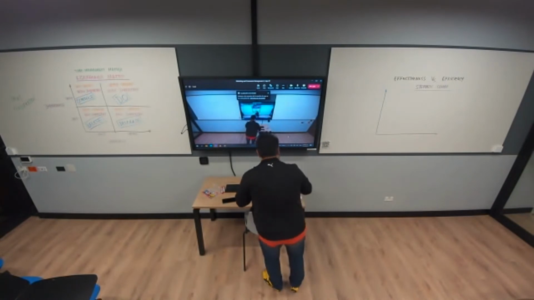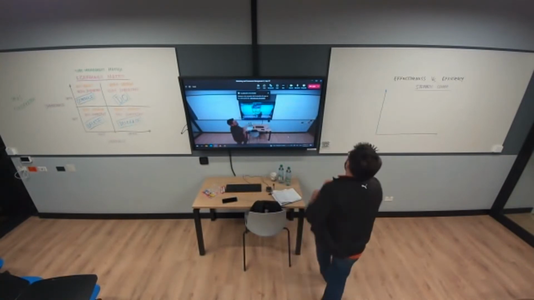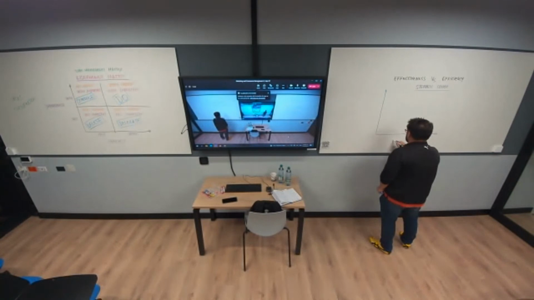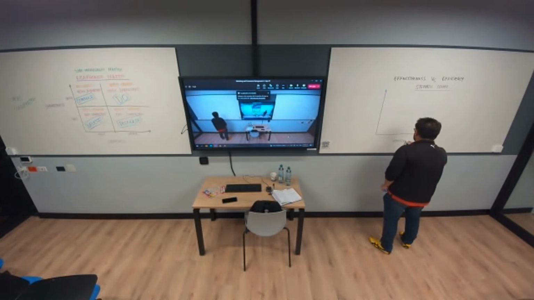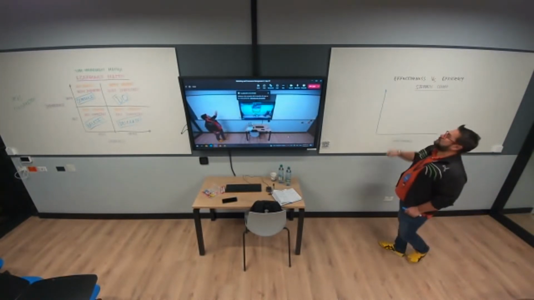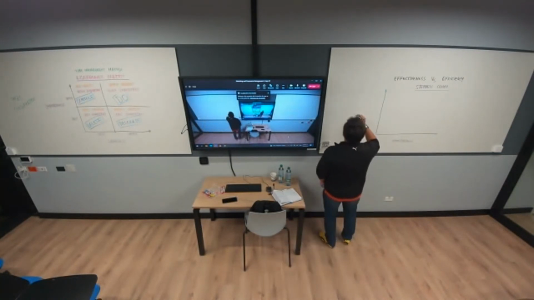All right, the horizontal axis measures the variable effectiveness. Okay, effectiveness. And the vertical axis measures the variable efficiency, right?